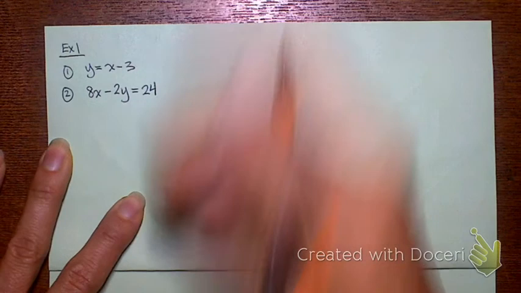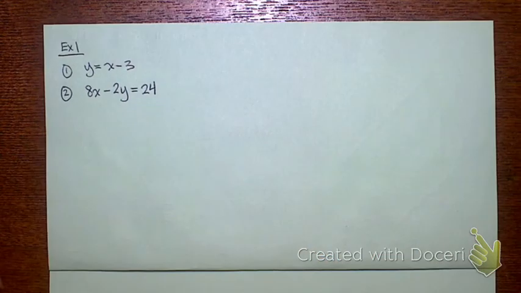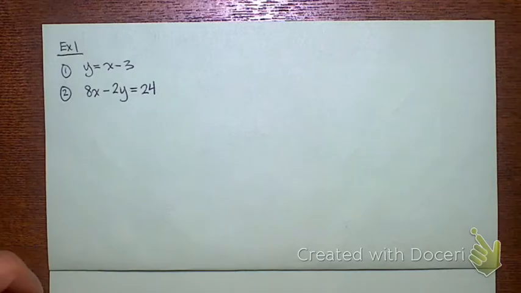Substitution is a different method. In substitution, we would use it primarily when one equation is solved for either x or y. So if we see one equation that's solved for either x or y, that's a good indicator that we could use the substitution method.